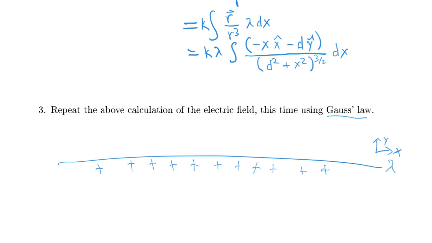Let's remember one thing from earlier. We noticed that for any positive charge, the field lines point outward. The field lines begin at positive charges and end at negative charges. It's hard to draw, but imagine we were looking at our line charge head on.